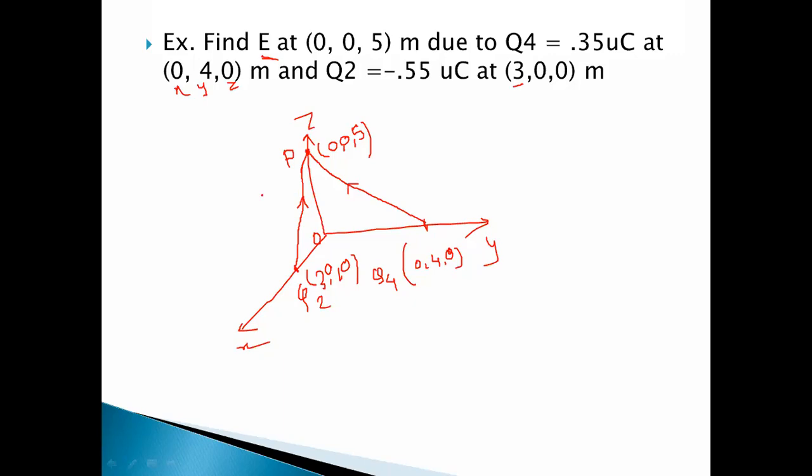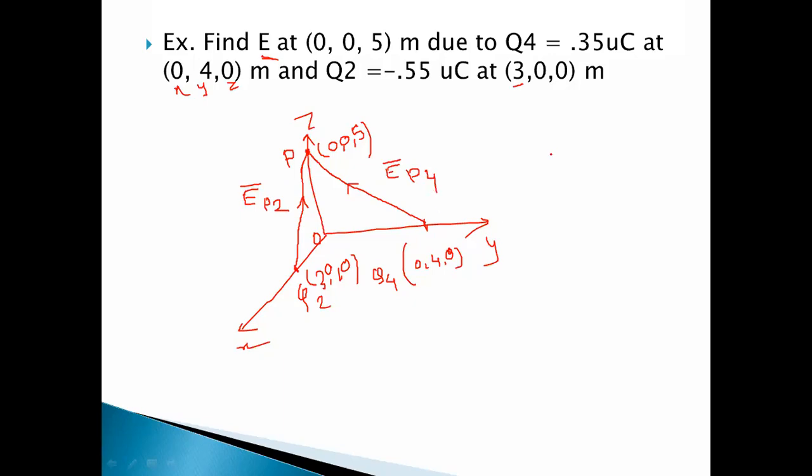If you consider this is the electric field intensity at point P due to charge Q2, I consider this as E bar P2. The second electric field intensity is due to charge Q4 at point P, so we can write this as E bar P4.